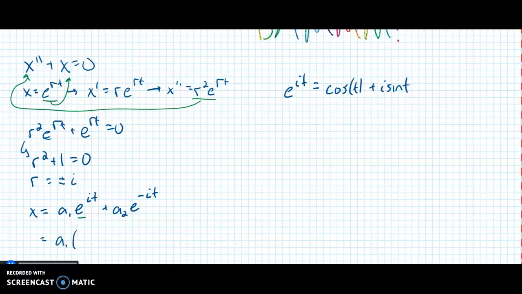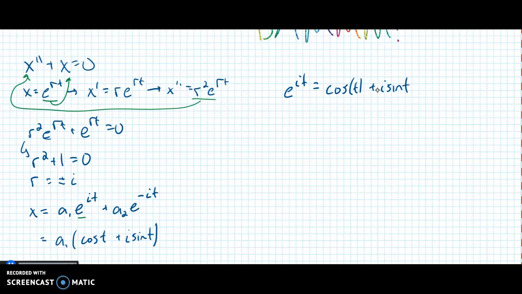I get A1, open parentheses, cosine t plus i times sine t. Now let me talk about what the goal here is. The goal is to get a solution to this that is real, right? That doesn't have imaginary numbers in it. And you'll see when I use Euler's formula at first, this piece right here becomes an issue. And I think as we do this, you'll see how we sort of magically get rid of it.